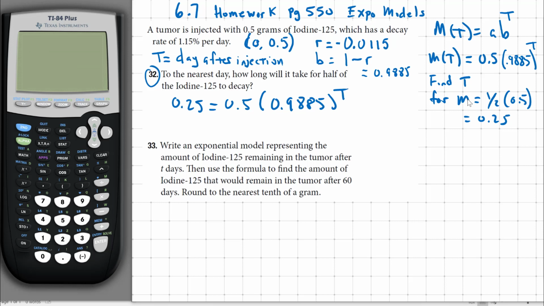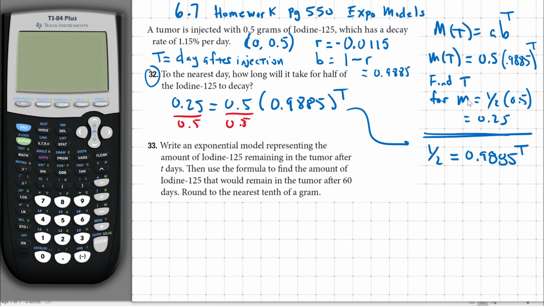And I have to solve this. So divide both sides by half, and it turns out to equal half. Maybe I should have put this over here. And if we do a log on both sides, I'm going to do the algebra step in red.